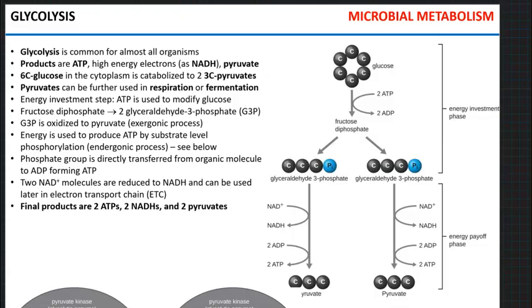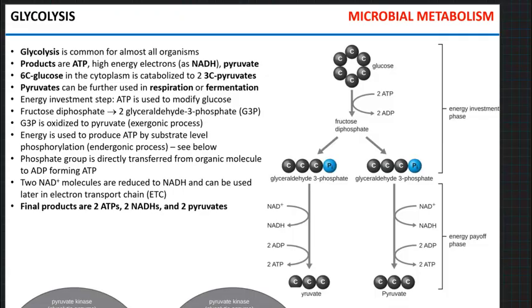Now, on the serious note, my goal is not to make it overcomplicated. My goal is to give you a conceptual idea and not to bog you down in the 11 reactions of glycolysis. Okay? So instead, we're going to look at major transformations here.